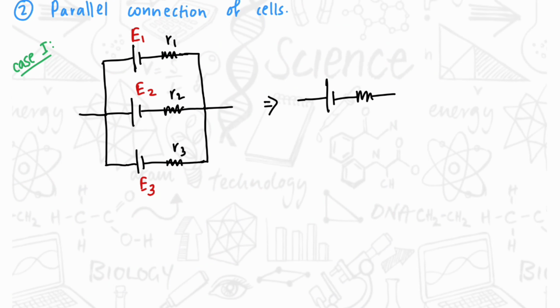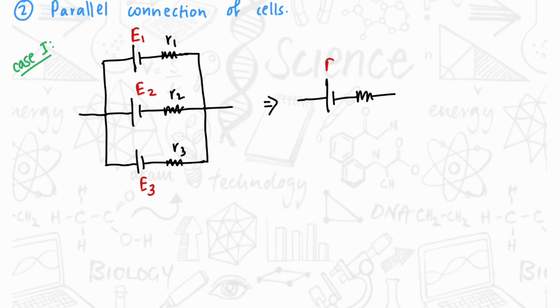Now, let's talk about parallel connection of cells. Here I have taken the first case where all these three cells of EMF value E1, E2 and E3 are connected with the same cathode and the same anode, and each of them has an internal resistance of R1, R2 and R3 respectively.